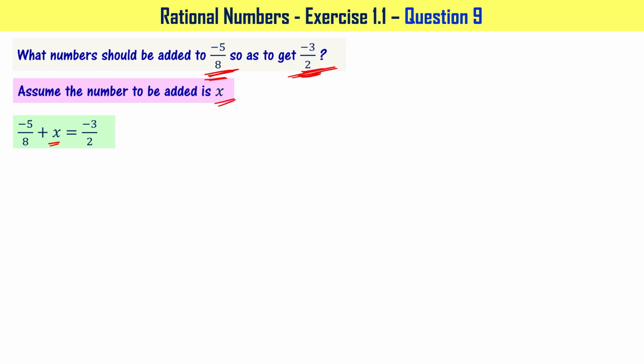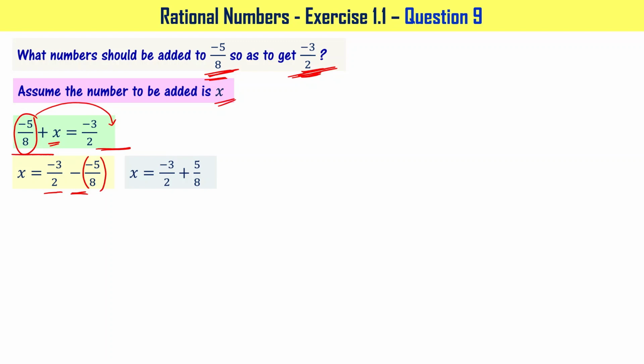For that, what we are going to do is we can take minus 5 by 8 from this side to the other side so that it becomes x equal to minus 3 by 2 minus of minus 5 by 8. You see, since it is added to x on this side, when it comes to the other side, it is subtracted from minus 3 by 2, right? We know minus times minus is plus here, right? So it can be written as minus 3 by 2 plus 5 by 8.